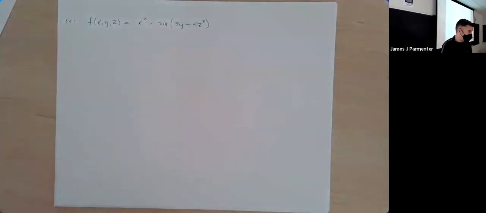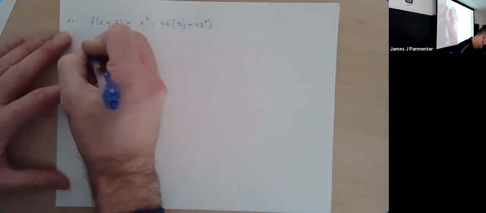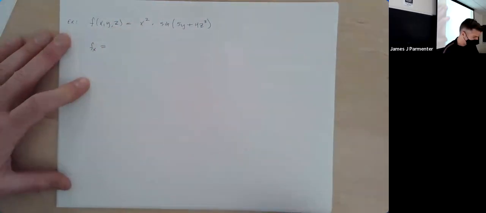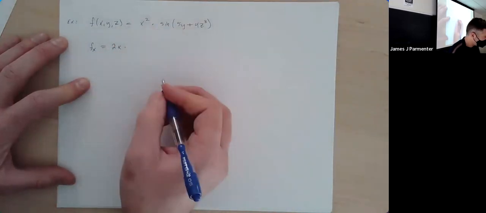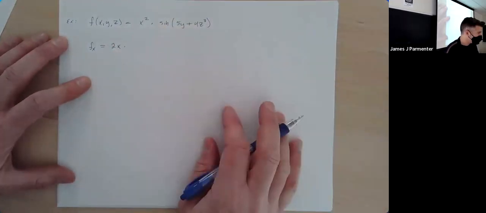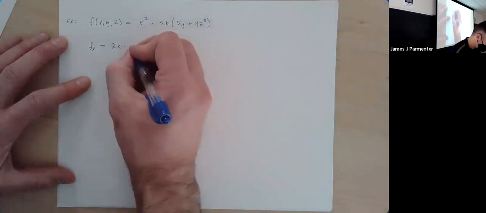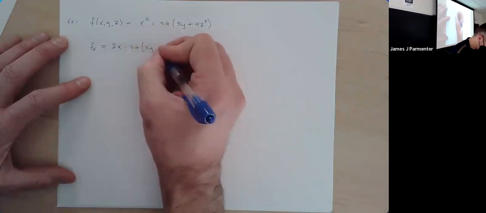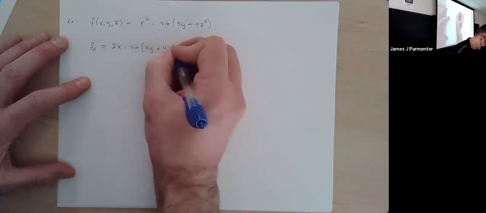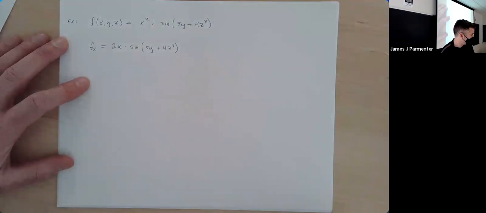And be asked to take any partial derivatives we are thinking about. So we could find the partial with respect to x, which is going to be 2x times that constant. Right, as far as x is concerned, sine of 5y plus 4z cubed is a constant.